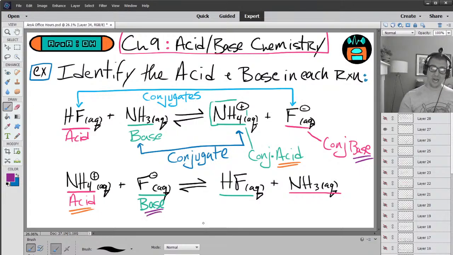So your acid turns into your conjugate base, and your base turns into the conjugate acid. And again, these names, conjugate acid and conjugate base, are based on the role, on the function that they serve in the reverse reaction. All right? Every acid-base reaction has two conjugate pairs, a pair of acid and conjugate base, and base and conjugate acid.